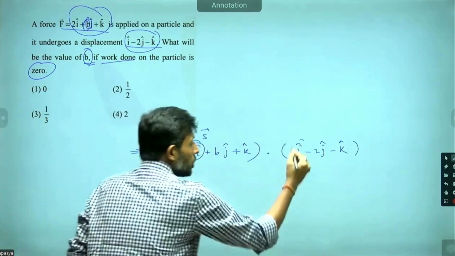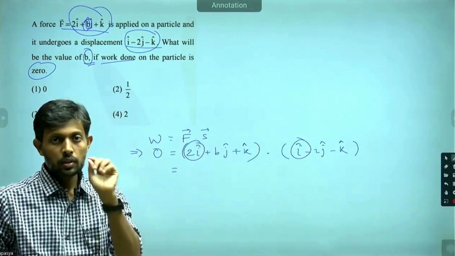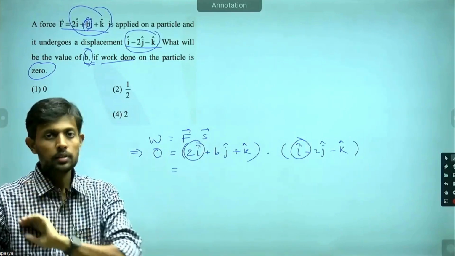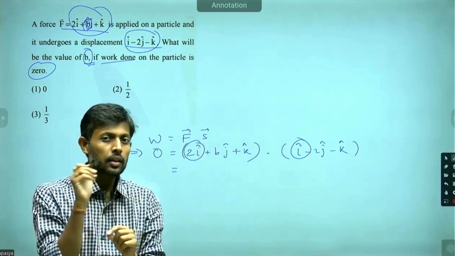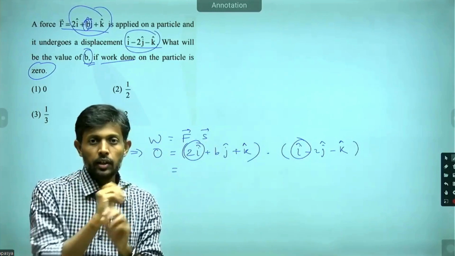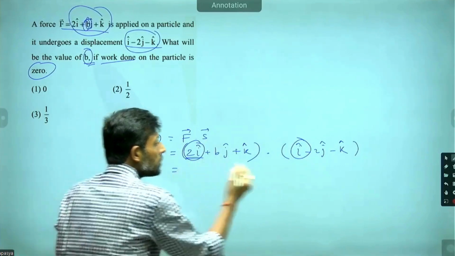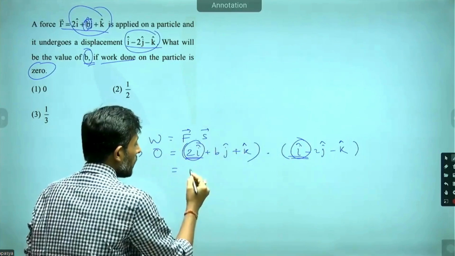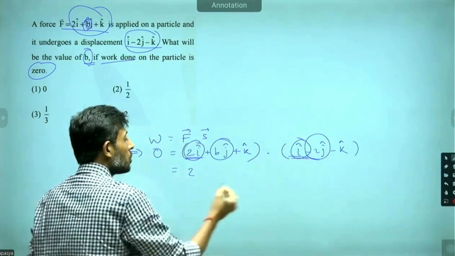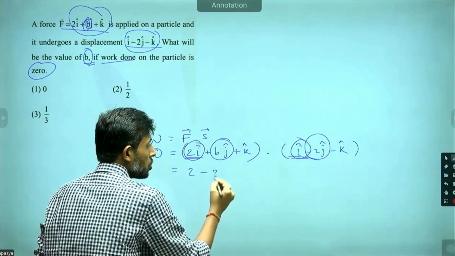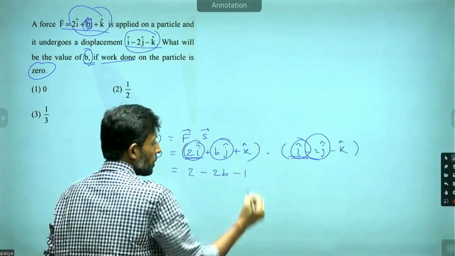So 2i into i, this will be retained. i dot j, i dot k will all cancel out, because the dot product of two perpendicular vectors is 0, because the angle between the i vector and j vector is 90 degrees, so cos theta is 0. And that's why only these terms will be retained. So 2i into i, that's 2. Similarly, b j multiplied by minus 2 j, that's minus 2b, plus k into minus k, that's minus 1.